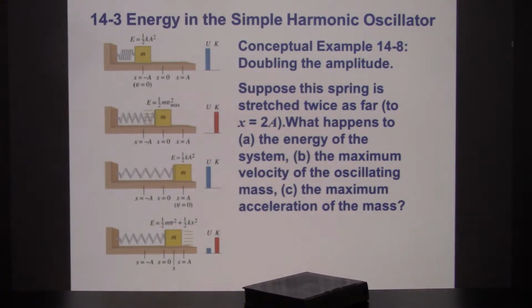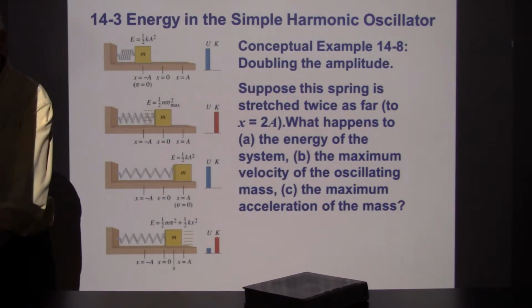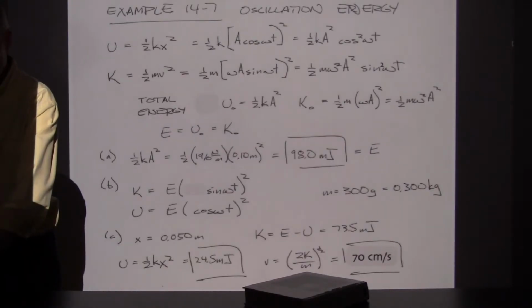Now, let's think about this. What we've said with these oscillating systems that we've looked at so far, these ideal simple harmonic oscillating systems, is that the period doesn't depend on the amplitude. Let's go back and see if we can track that down somewhere.